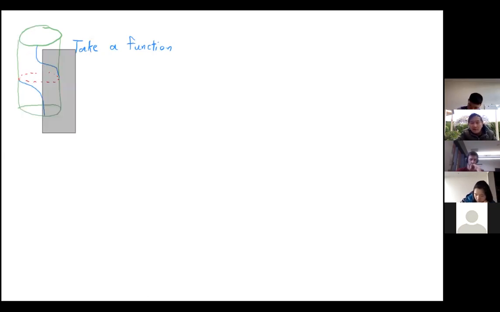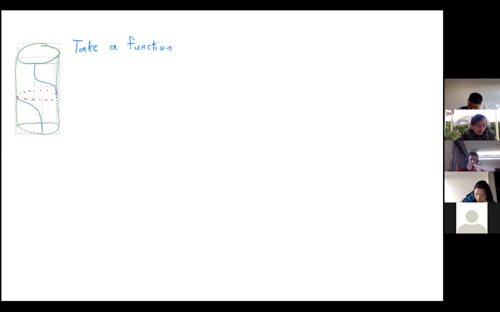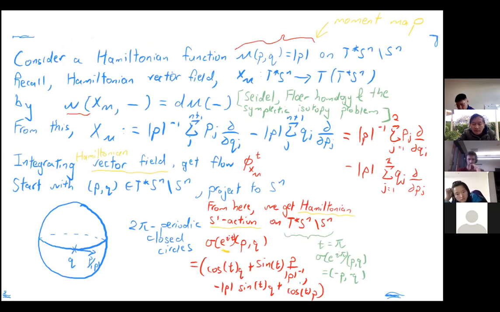Maybe go back to the previous page. There's something wrong if you evaluate at pi. Cosine pi is minus... minus q, is it? Minus q, and then this is minus p, right?